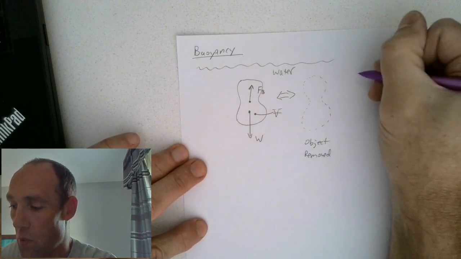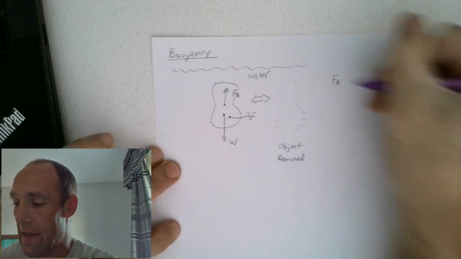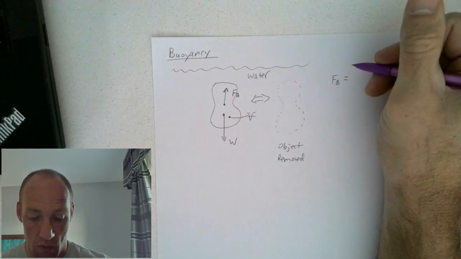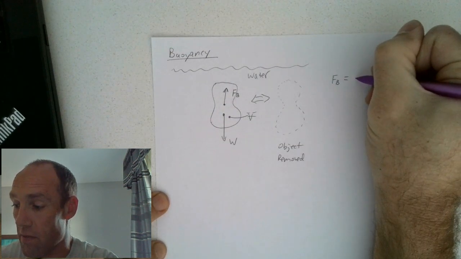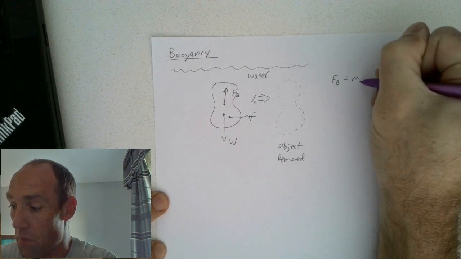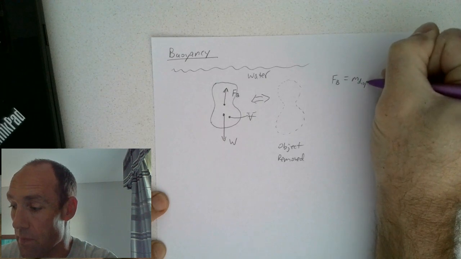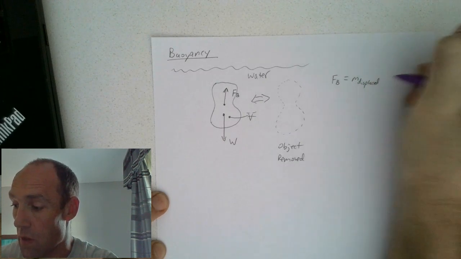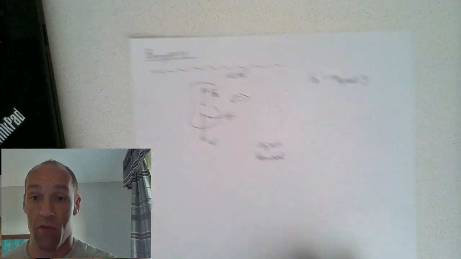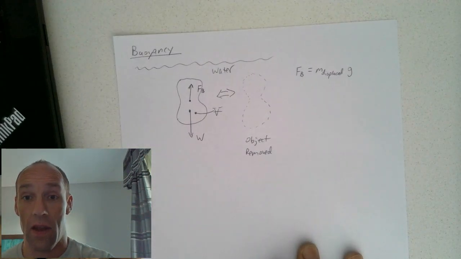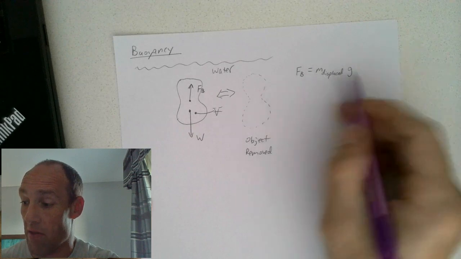And so the buoyancy force is equal to that mass that was displaced. All right? So I'll just call it displaced mass times gravity.